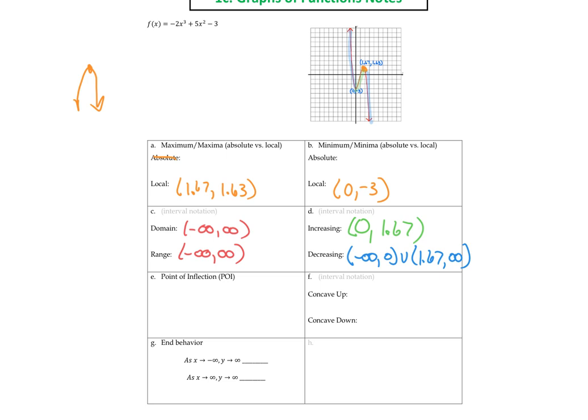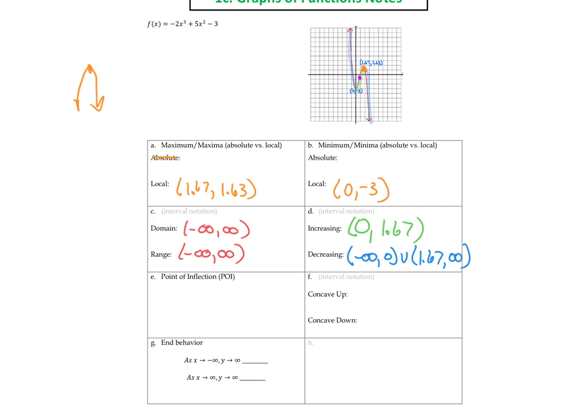Now the point of inflection is found by the average of the two maxes or mins, because it's going to occur somewhere in the middle of these two. And really, we're going to learn how to do that when you are in calculus.